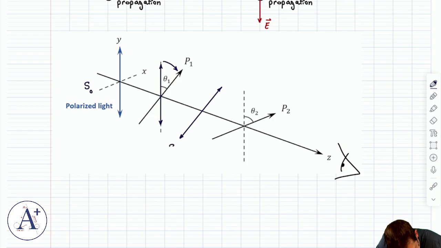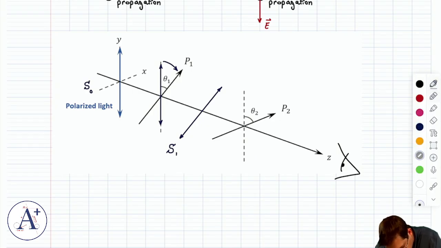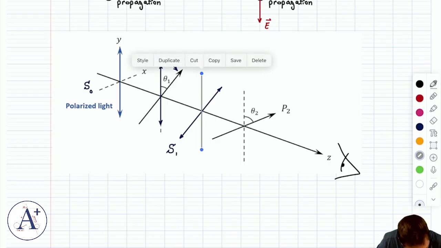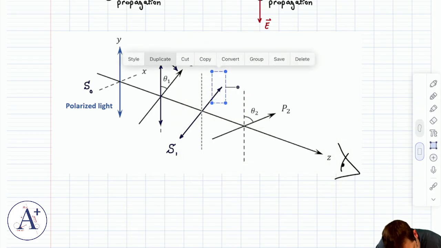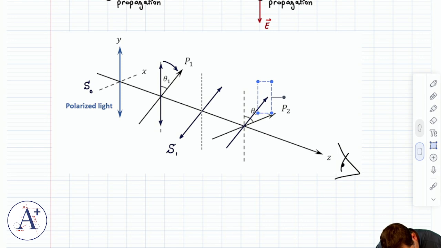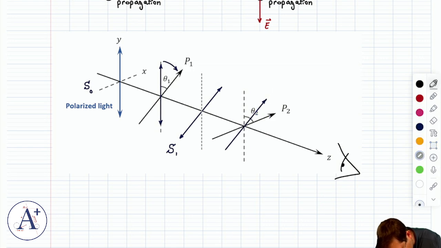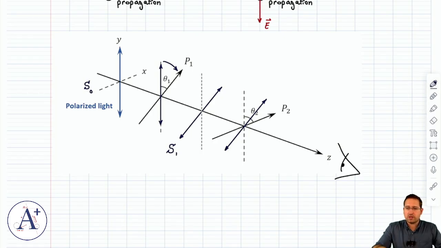It's going to have an intensity S1 when it emerges. Let me just, for clarity, draw the vertical here. And then this light continues on and reaches P2. But the thing is, when it reaches P2, it does not rotate through an angle theta 2.